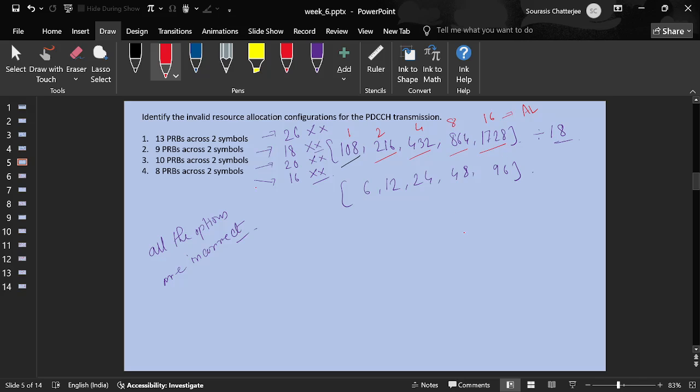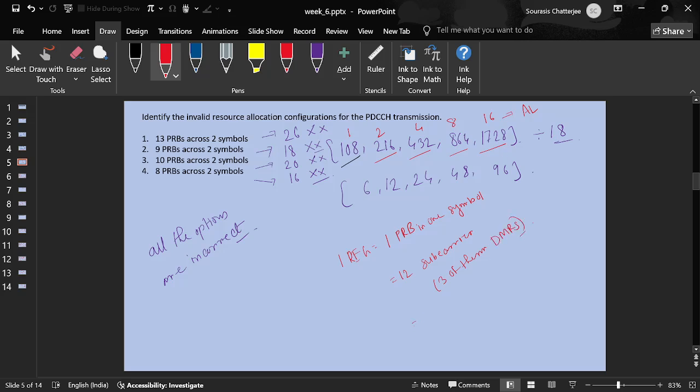So basically, one REG is one PRB in one symbol, and that means 12 subcarriers. And we know that 3 of them are reserved for pilot transmission, that is nothing but the DMRS.